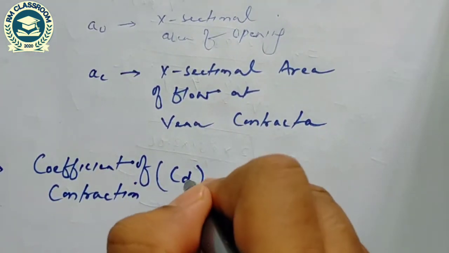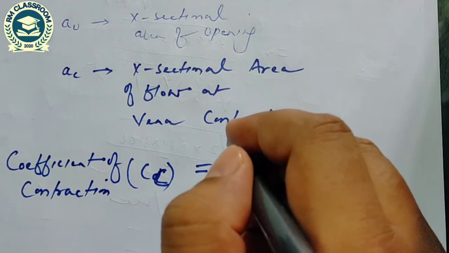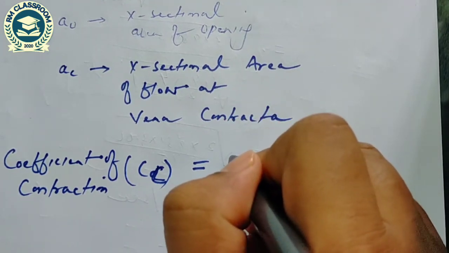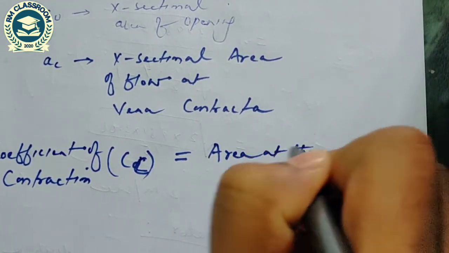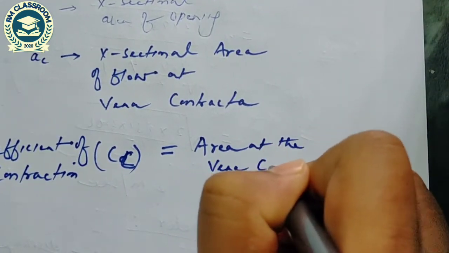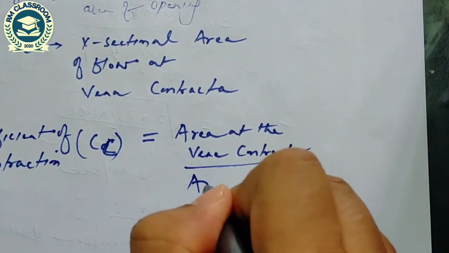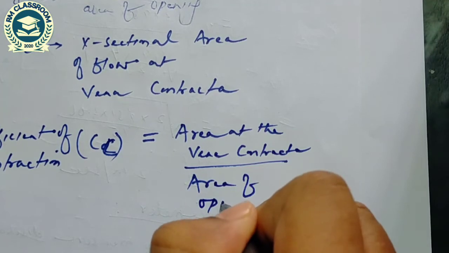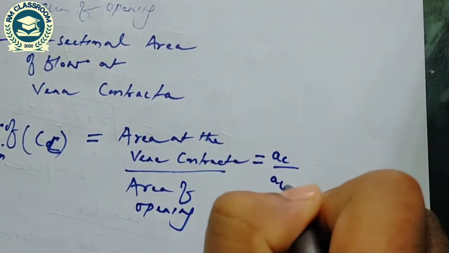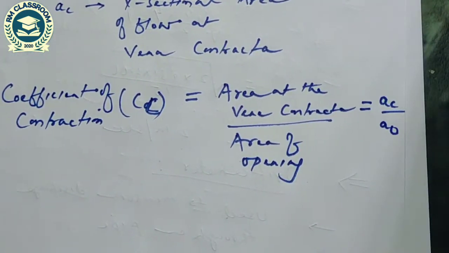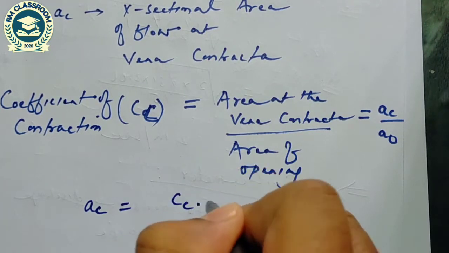Here coefficient of contraction Cc is the contracted area at the vena contracta divided by area of opening, or we can write AC by A naught. So AC can be written as Cc into A naught.